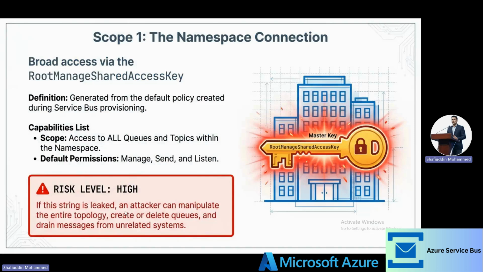If you lost it or it was misused somewhere, your risk level will be very high. So in many projects, 99.9% of projects, we won't use this namespace connection string inside the application.